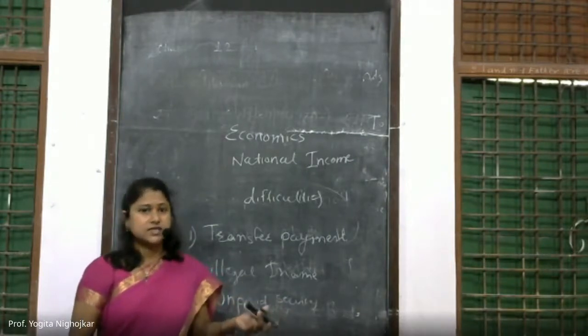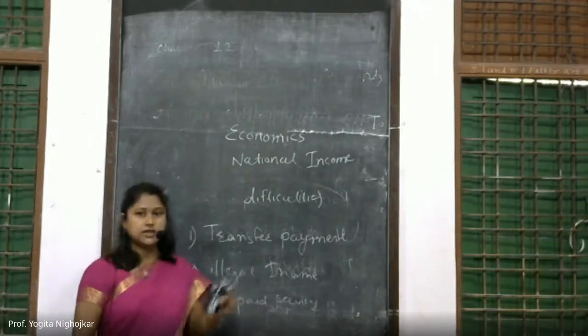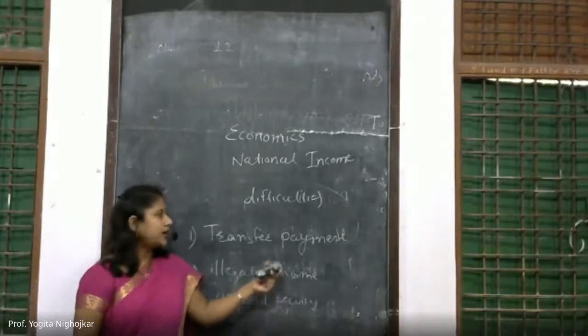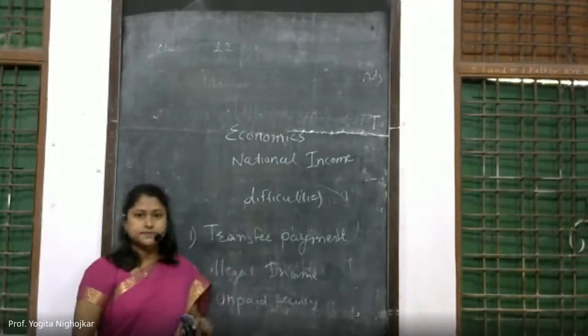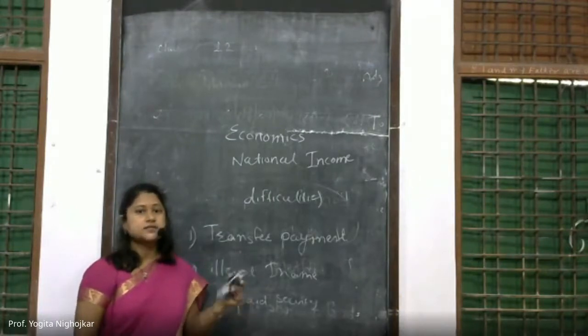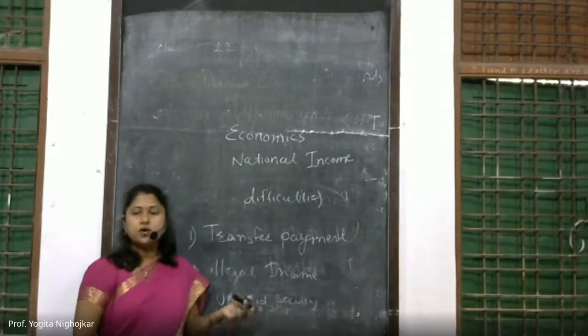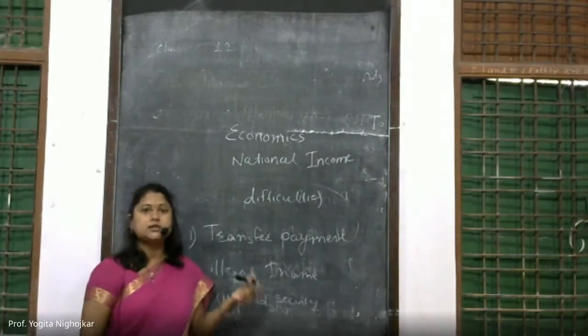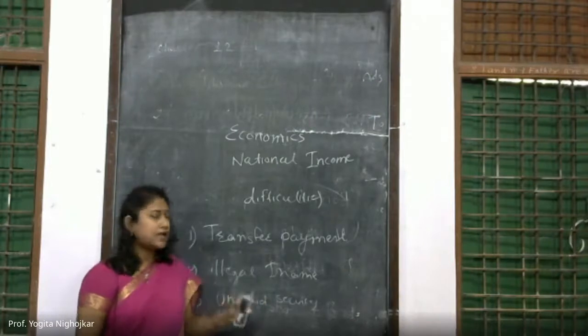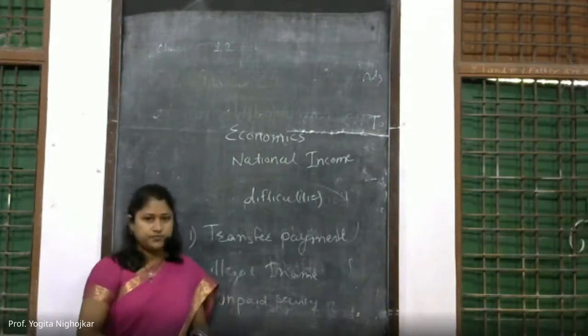These services are not included in national income as no remuneration is given for them. Also, services of housewives and services provided out of love, affection, sympathy, charity are not included in national income as they are not paid for.